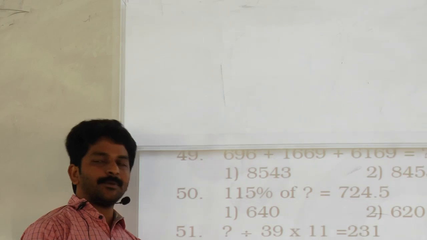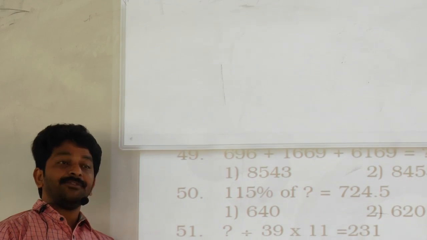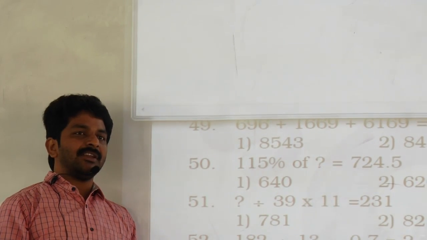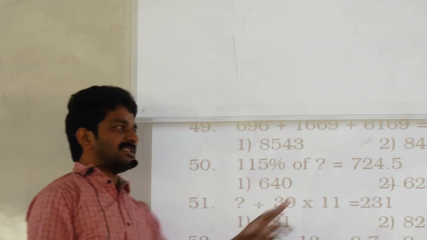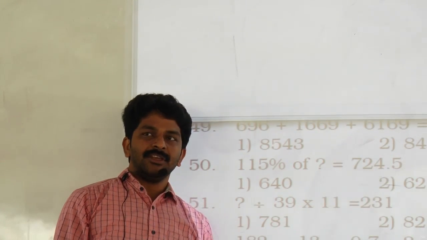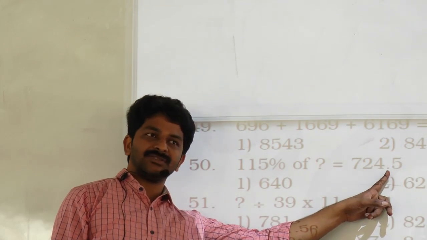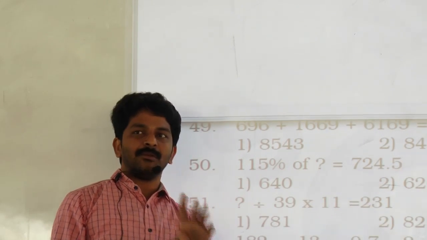Suppose your 10% is an even number. If 10% is an even number, you will get a perfect integer when you calculate 5%. Yes or no? But as this is ending with 0.5, your 10% should not be an even number. 10% must be an odd number. Then only 5% ends with 0.5. Right?